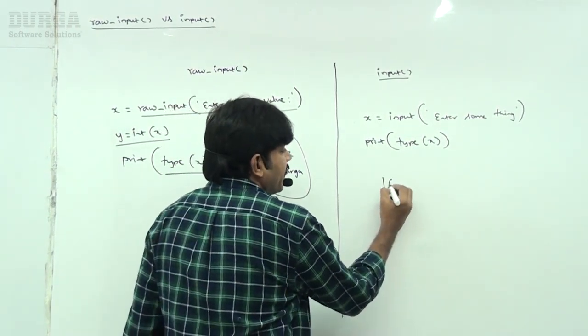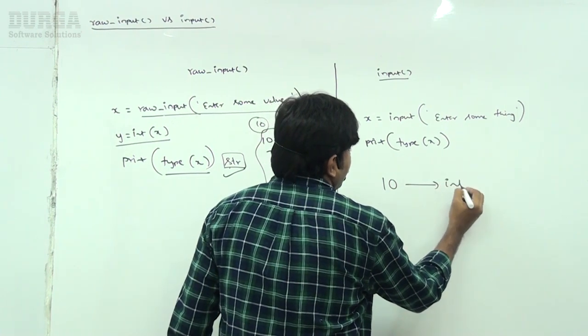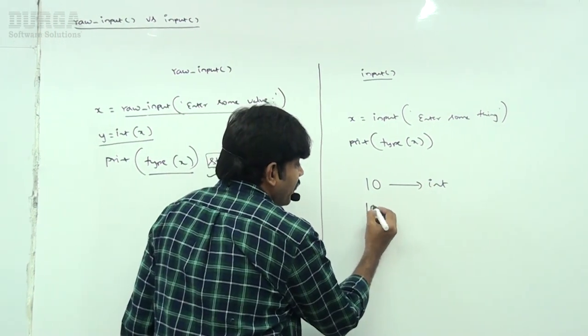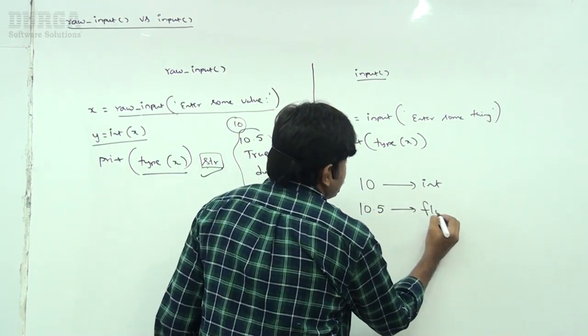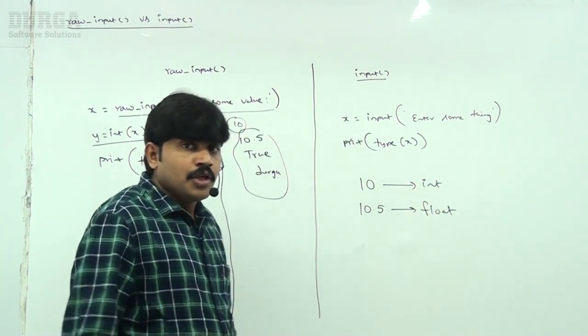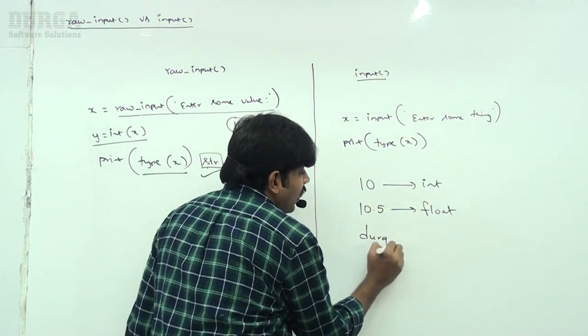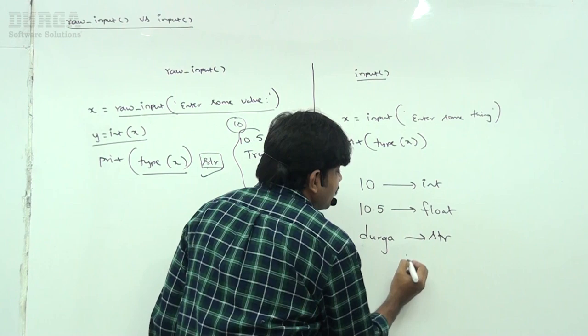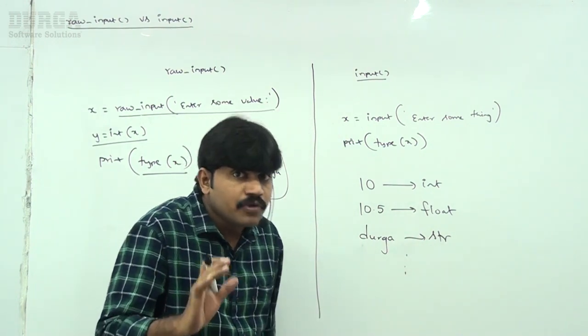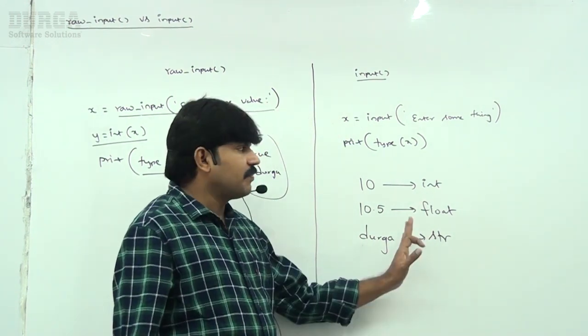If the end user provided 10, it is considered int. If the end user provided 10.5, it is considered float. If the end user provided Durga, it is considered str. Remember, we are not required to perform typecasting, sir.